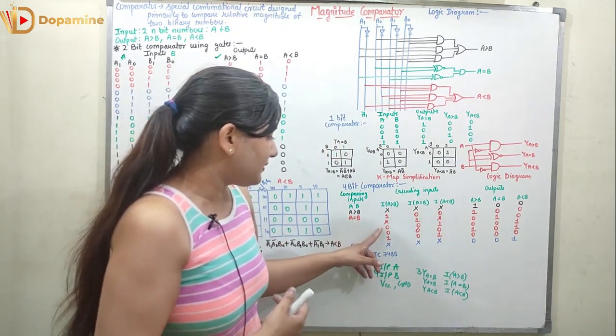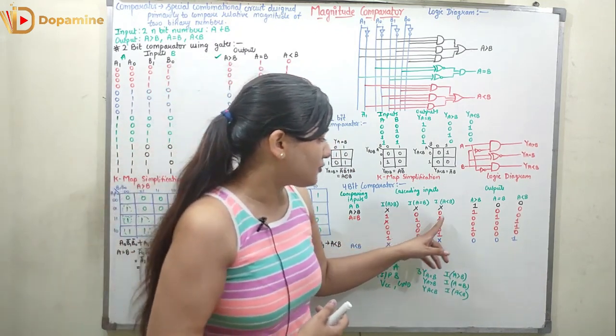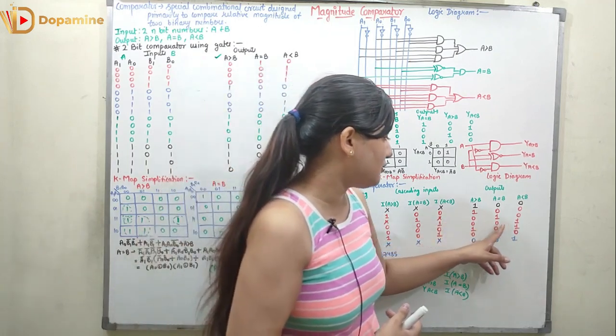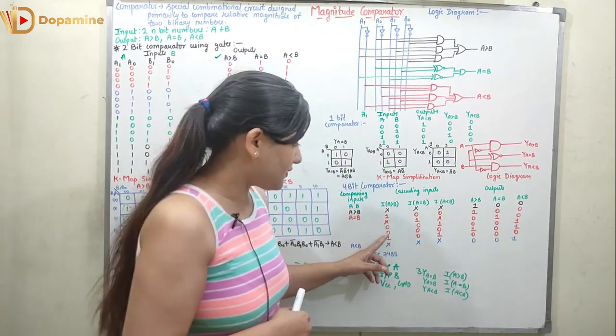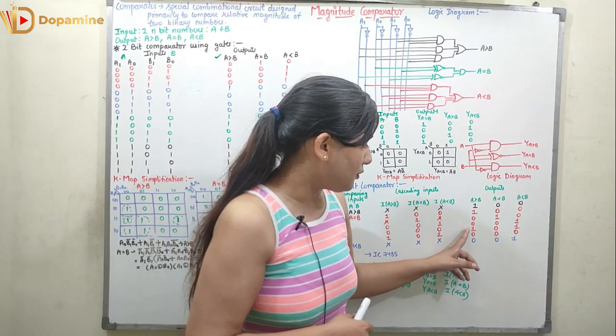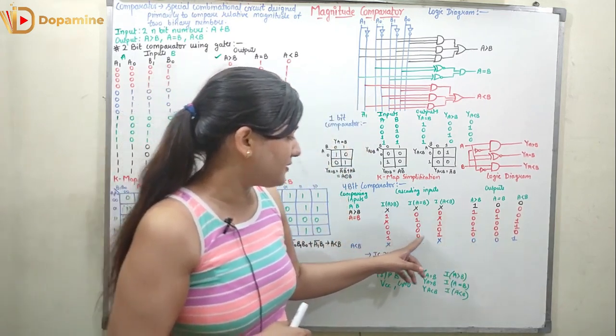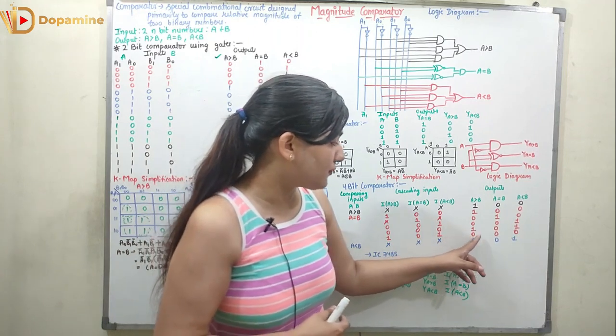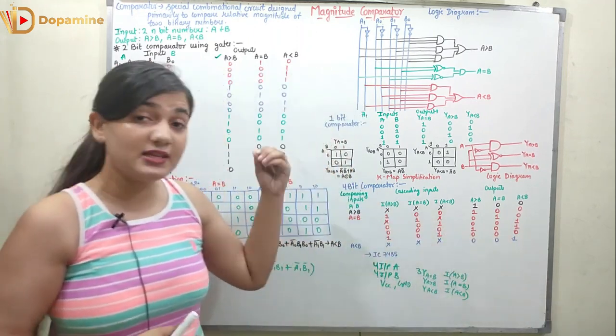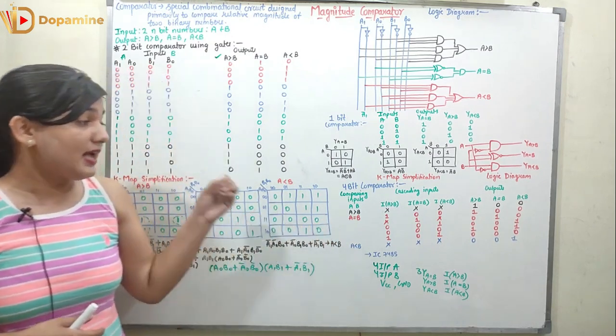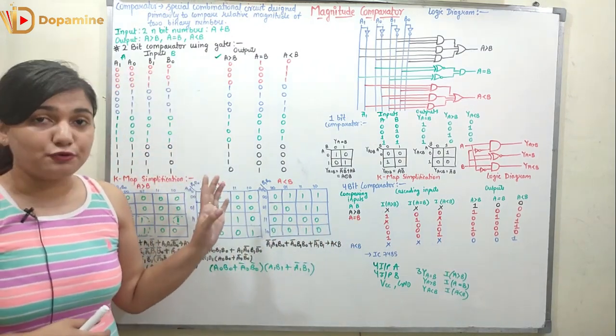The next case is 0 0 1, for which we have the output 0 0 1. For the input 0 0 0 we will have output 1 0 1. For the last case we have 1 0 1 as the signal, so the output will be 0 0 0. So these 0 0 0 represent that we have the equal output.